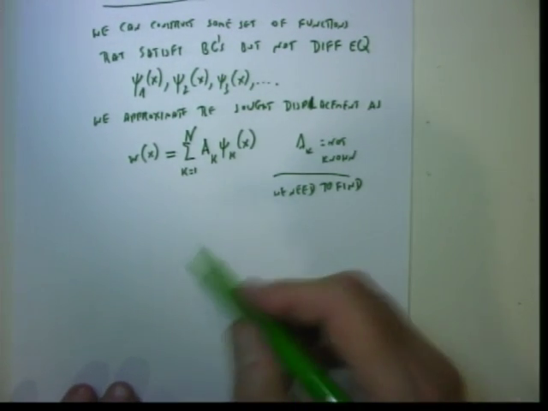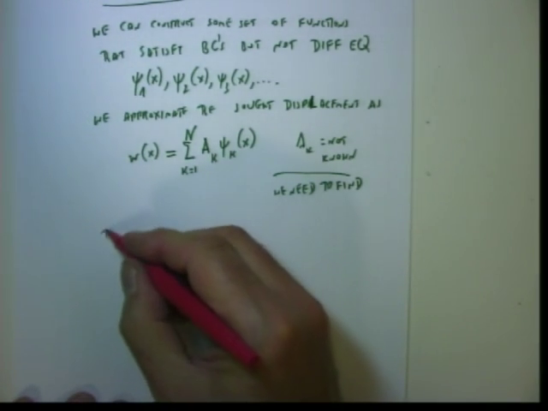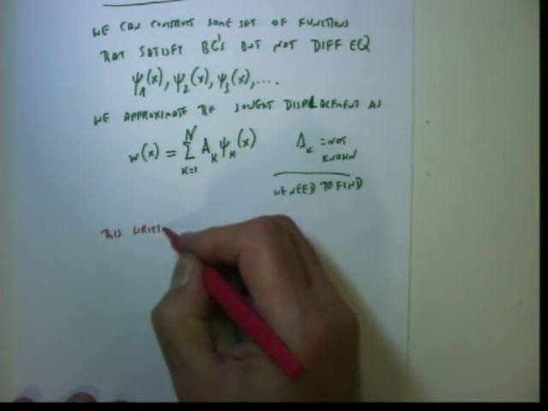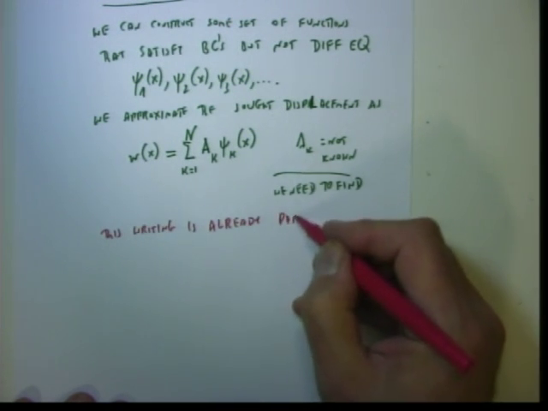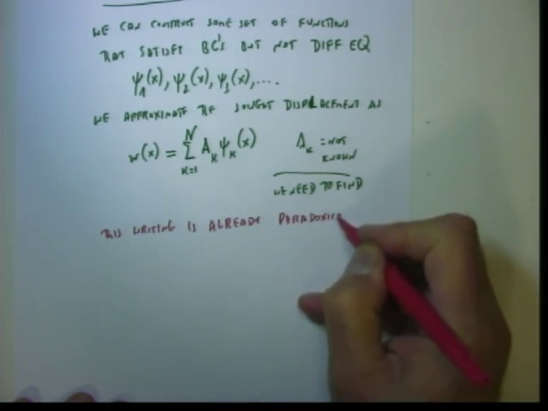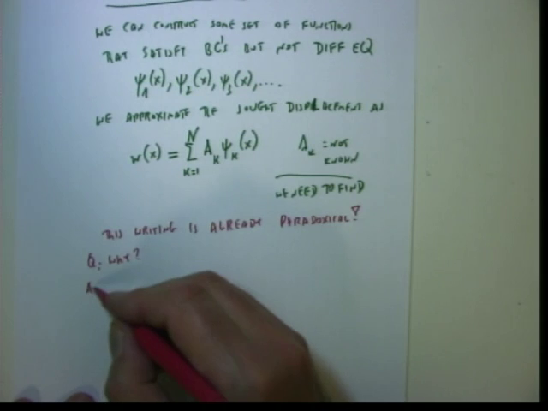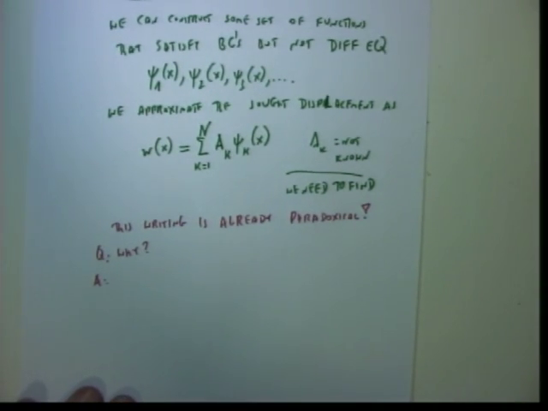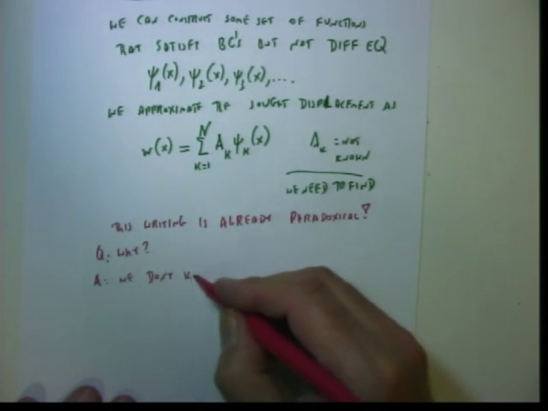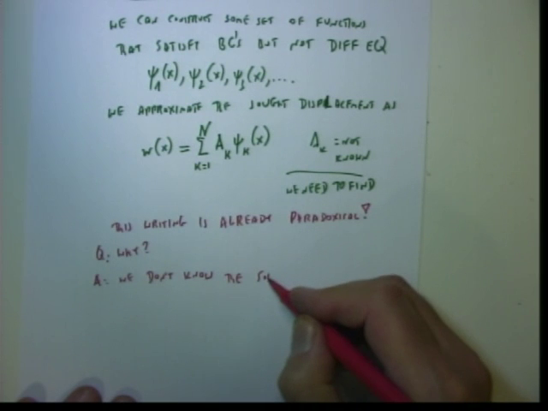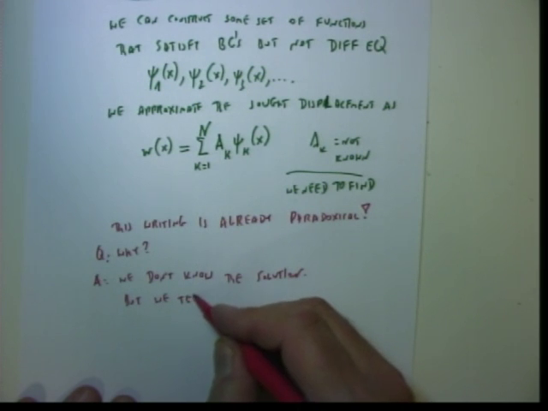Paying attention, this writing is already paradoxical. Why do you think it is paradoxical? Because we don't know the solution, but we tell the solution.